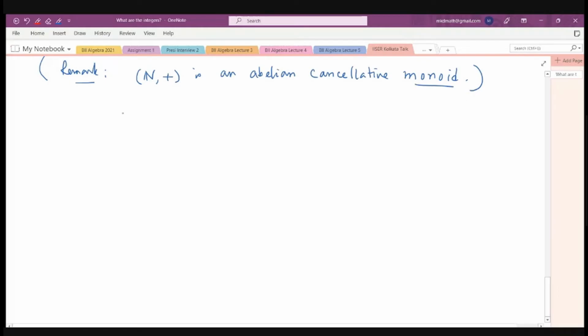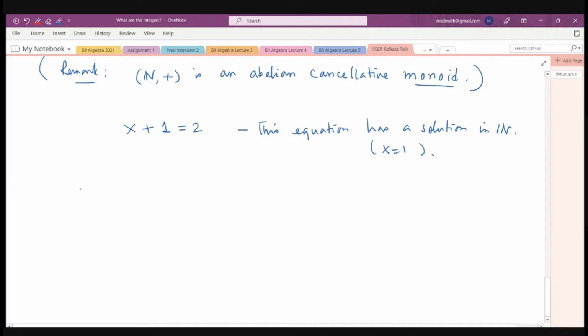So let us look at x plus 1 is equal to 2. This is the equation. This equation has a solution in N, namely x equal to 1.